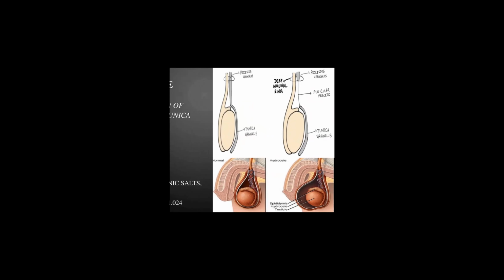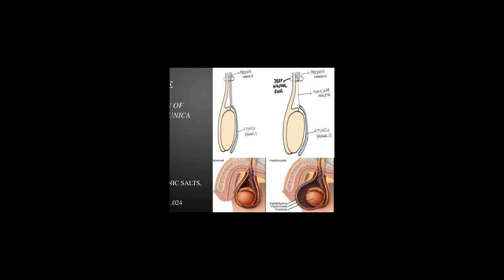So first the descent of testis is preceded by the processus vaginalis, and the processus vaginalis will come downward, and into the processus vaginalis, the testis will insinuate. So here in the picture it is visible what is the processus vaginalis and the portion which is covering the testis, and the portion of processus vaginalis into which the testis is getting insinuated, that part is called tunica vaginalis.